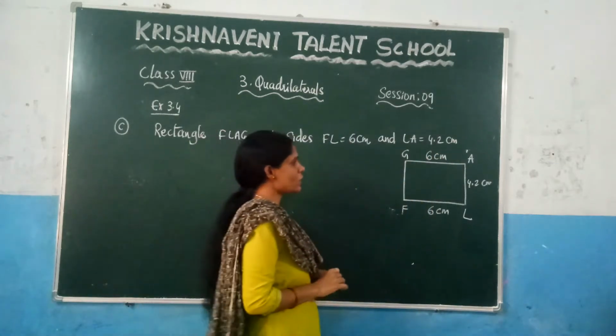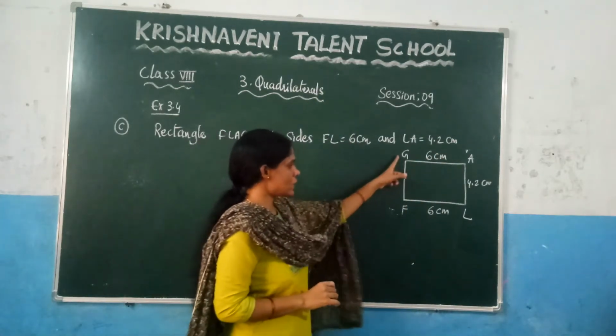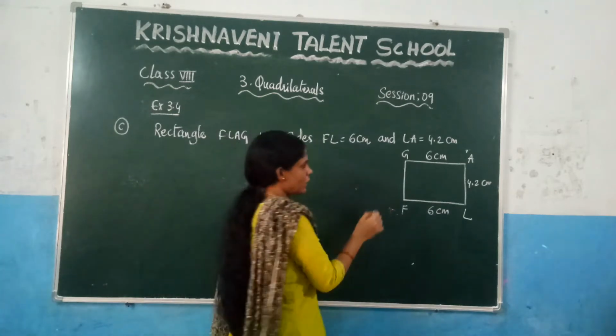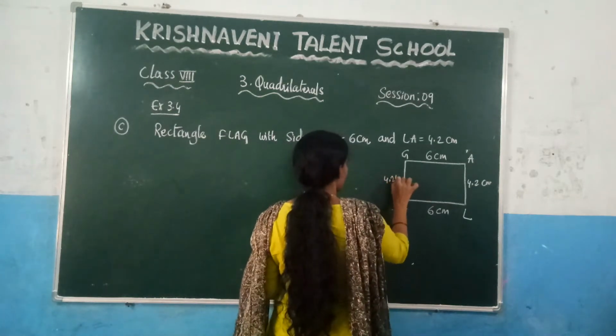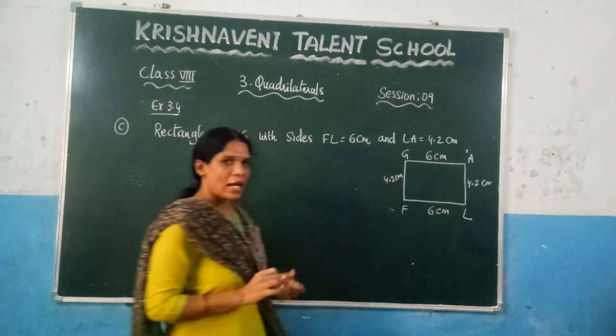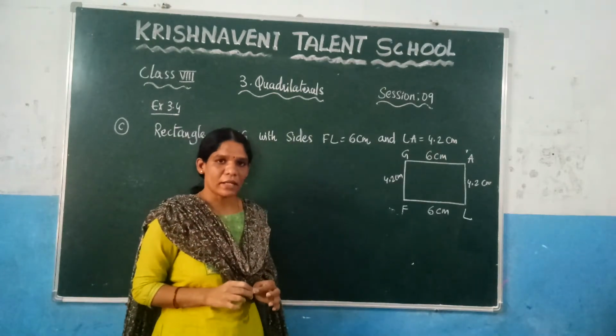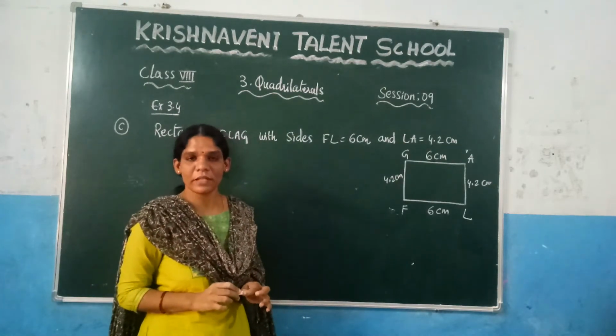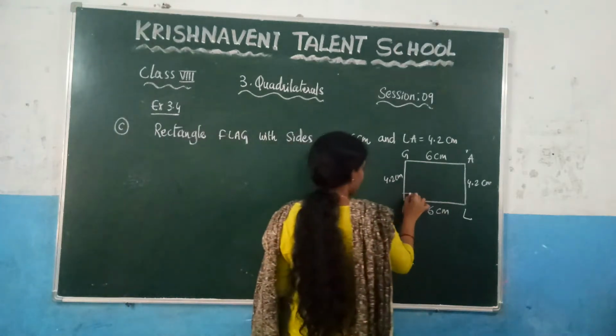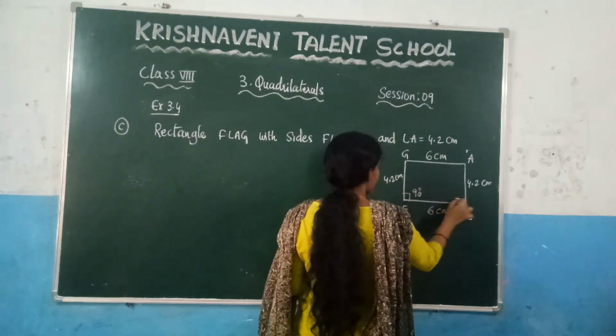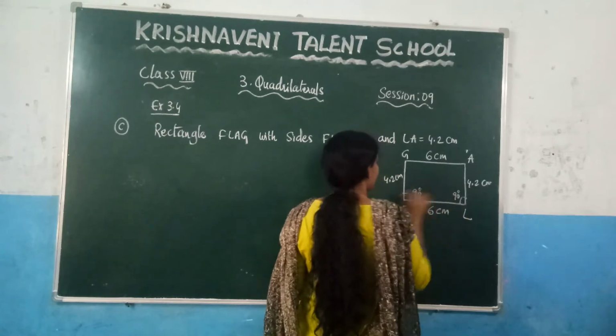And similarly what is the opposite side of AL, which is nothing but GF. So if that is 4.2, this is also equal to 4.2, right? And you know that in a rectangle all angles are equal to 90 degrees. So here this angle is 90 degrees and similarly this angle is also 90 degrees.